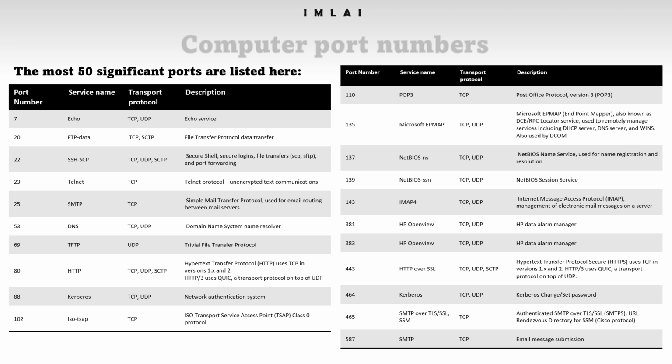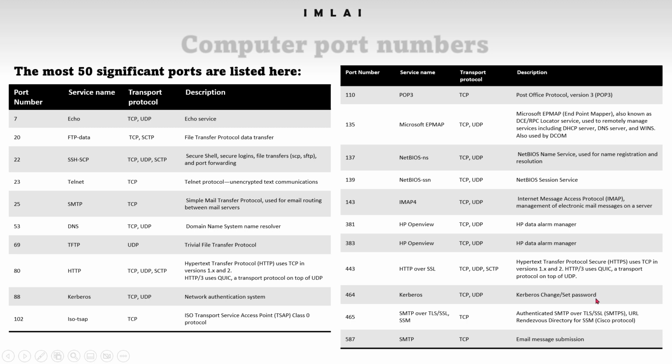This is called SMTPS. It's a secure one compared to the normal SMTP, which is not that secure. Normal SMTP is 25 and this one is 465 with the TCP transport protocol.